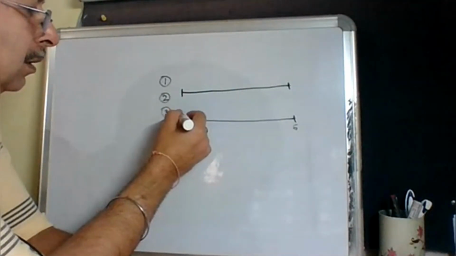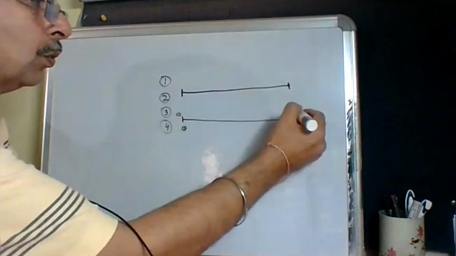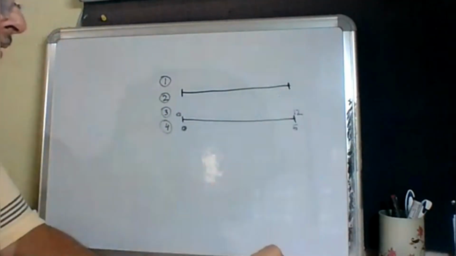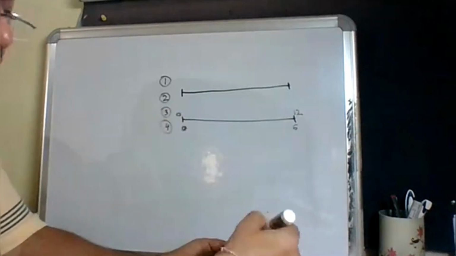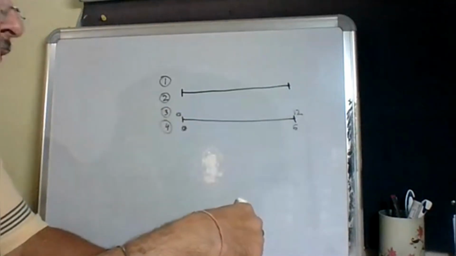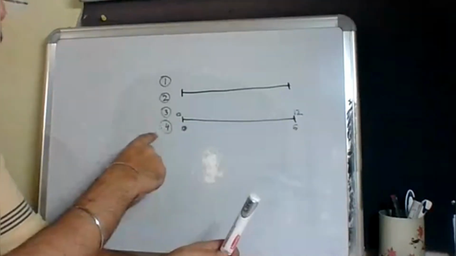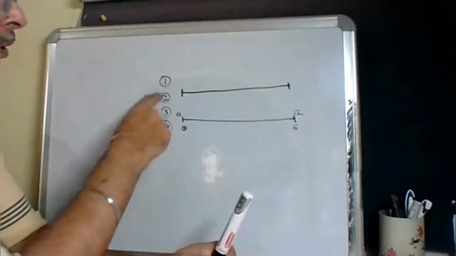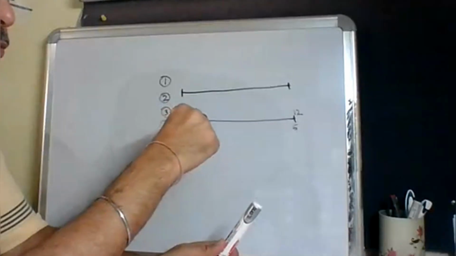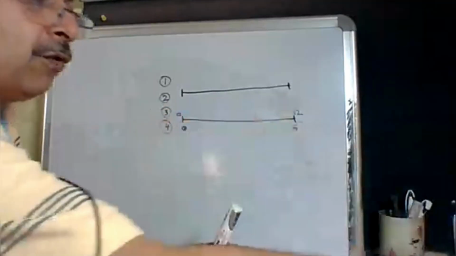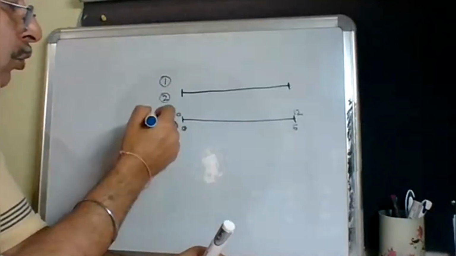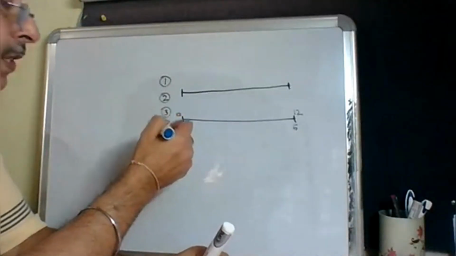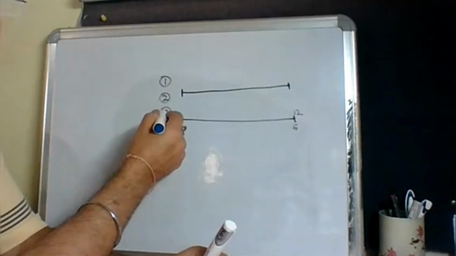Scale number 3 is 0 to 12. So you'll always be using the largest scale possible, that means 3 or 4. You will never use 1 and 2. Between 3 and 4 is a choice that you'll make depending on the type of question. Mostly, in 90% of your cases, it will be 3.